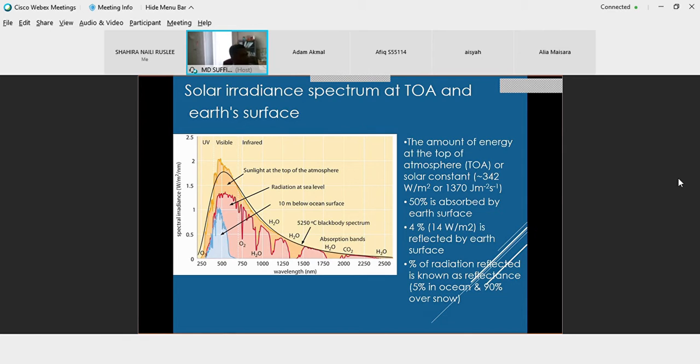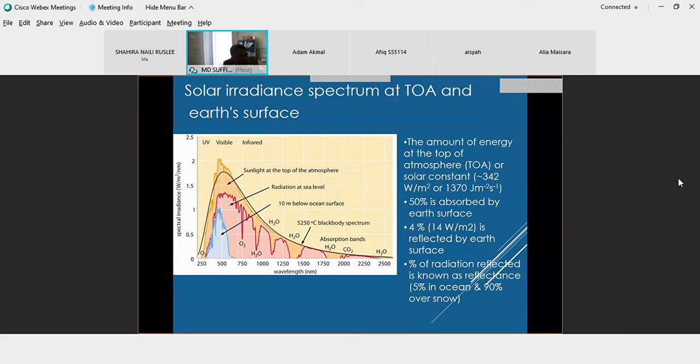So solar irradiance spectrum at TOA, top of atmosphere, that's mean atmosphere bumi, at about 10 to 15 kilometer. So the amount of solar radiation received at the top of atmosphere is known as a solar constant.